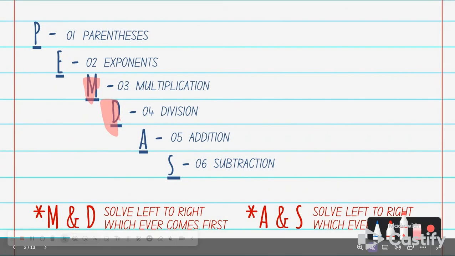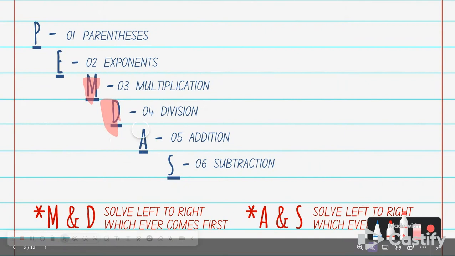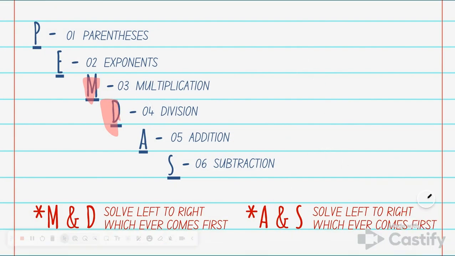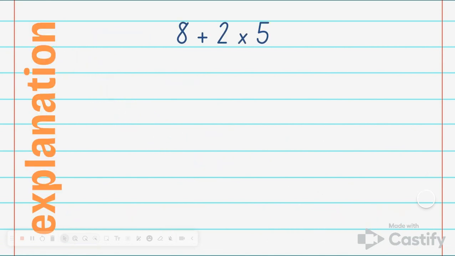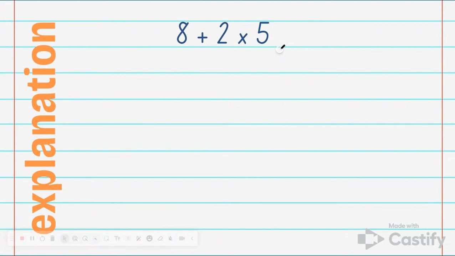So yes, guys, we're making sure that M and D and A and S are just a little bit more special characters, and so we always need to be on our guard when those are in our equations. So we're going to start here, and we're just going to solve this as we normally would, right? We're just going to move left to right. So we're going to go 8 plus 2, and then 2 times 5.